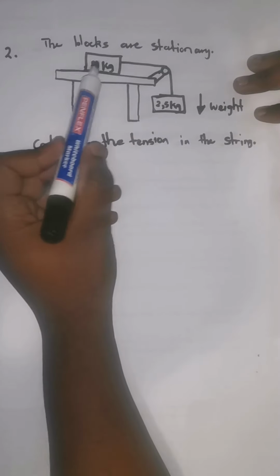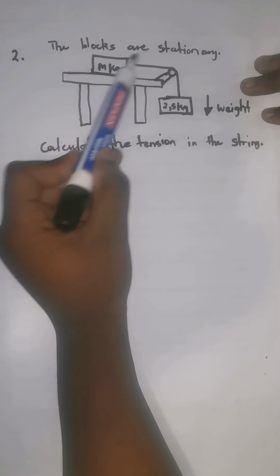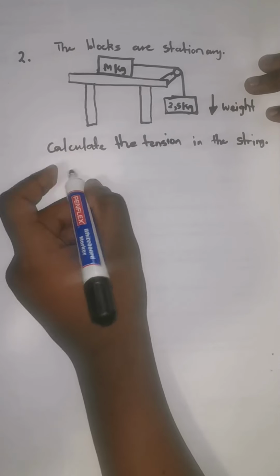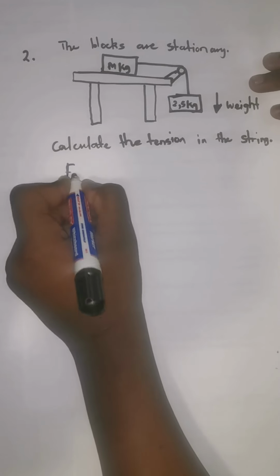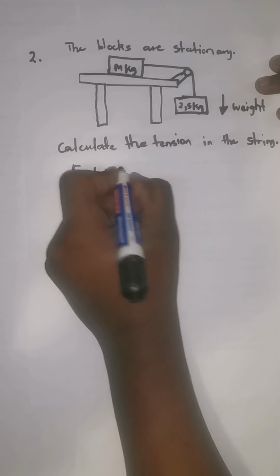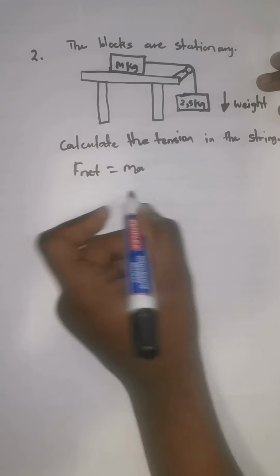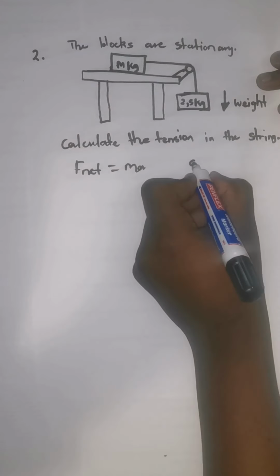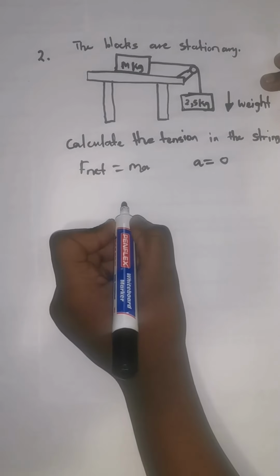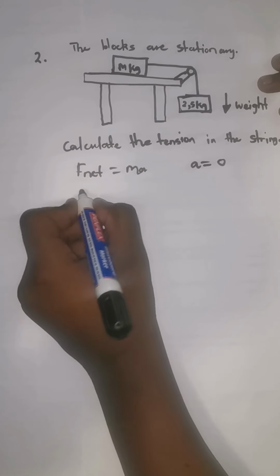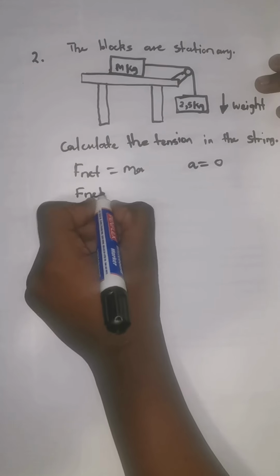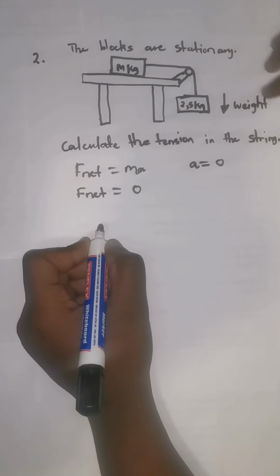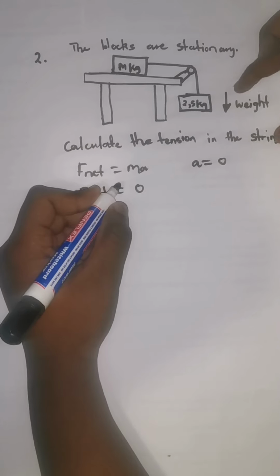So, since we're told that the blocks are stationary, it means that they are not moving, right? So if we consider Newton's third law, it operates on this equation. Since the blocks are stationary, our acceleration is 0, right? So we have F net is equal to 0. But when you consider this, we have weight going down, right?